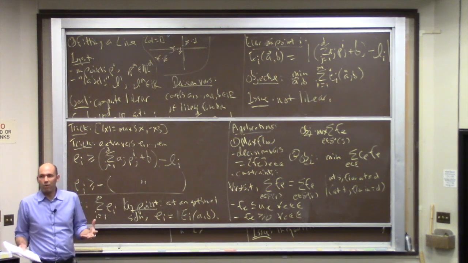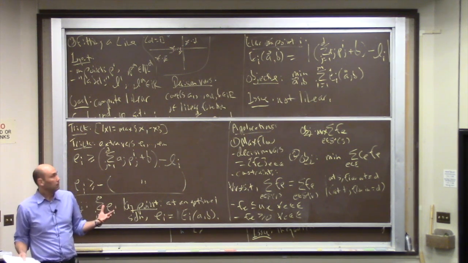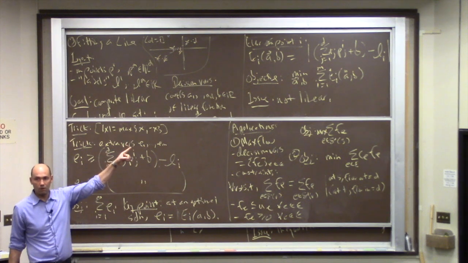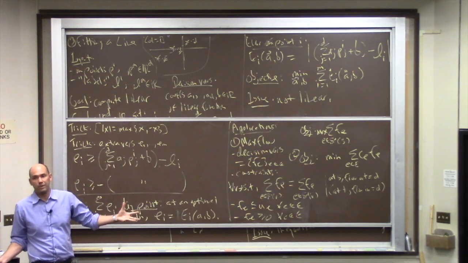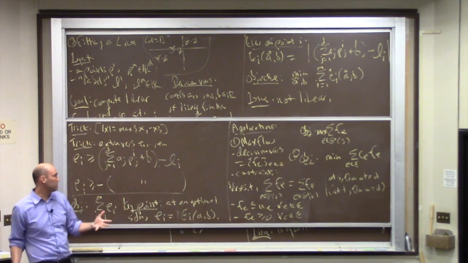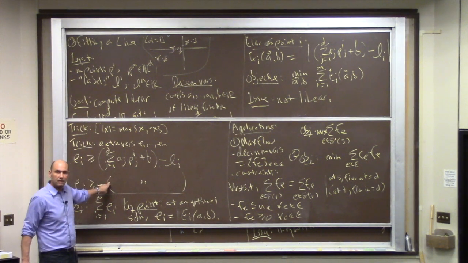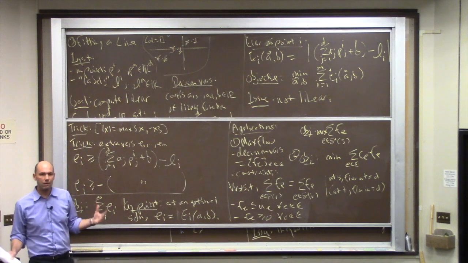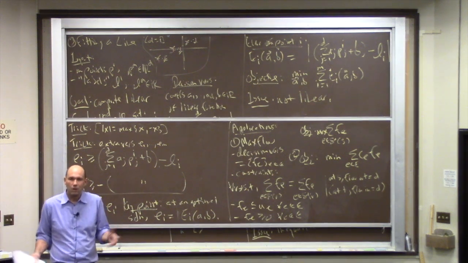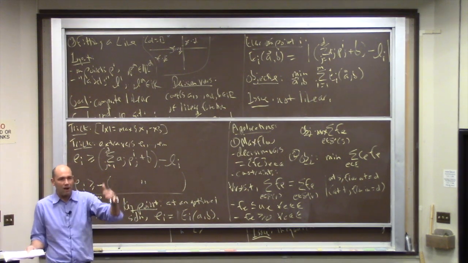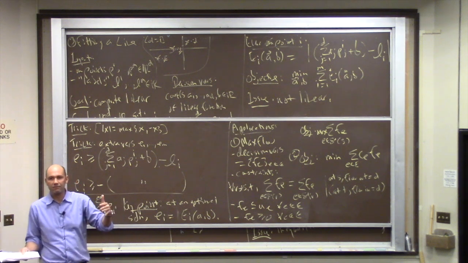There are feasible points where e_i is strictly bigger than what's on the upper right corner, but those wouldn't be optimal points, right? So if these constraints read 5 and minus 5, and you looked at a feasible solution where e_i was equal to 6, well, I'll show you a better solution where I just round e_i down from 6 to 5.